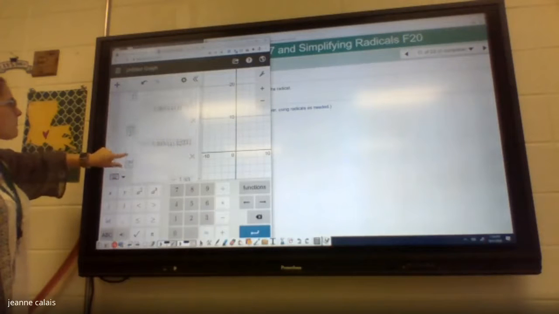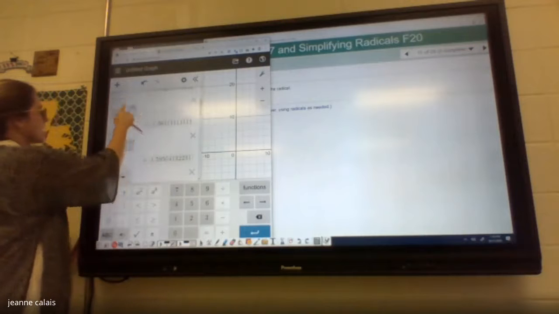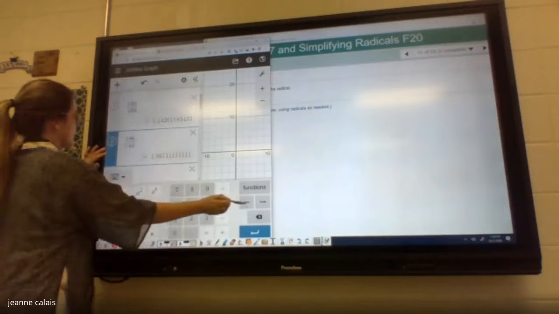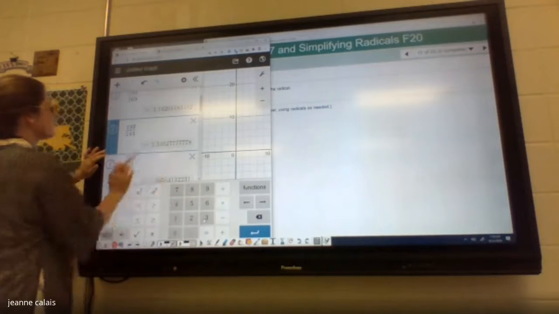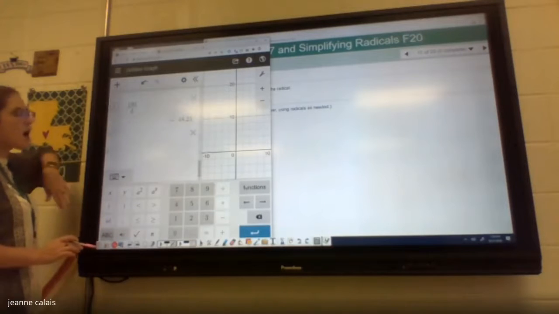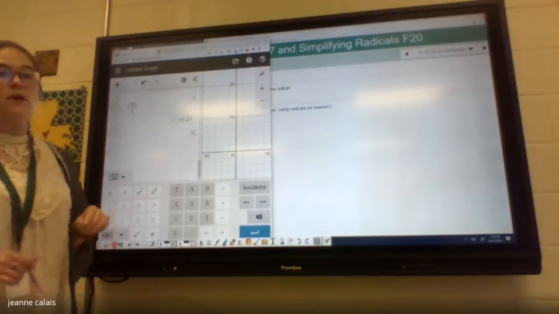I made an error right here, so I'm going to come right here and I'm going to fix it. I can do that here. Look, no. 169, no. So there, I went through the entire chart, okay, and there is no perfect square that goes into 193.